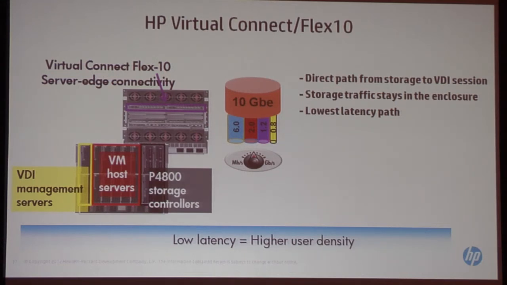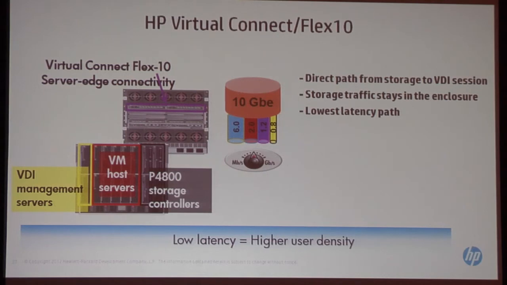It takes care of east-west traffic. So if it knows that the blade in slot 1 is talking to the blade in slot 9, the traffic doesn't come out. It just goes direct through on the backplane. So it stays inside the Virtual Connect domain, which is totally different than everybody else. Everybody else has to come out and do a hairpin turn and come back to talk from one blade to another.